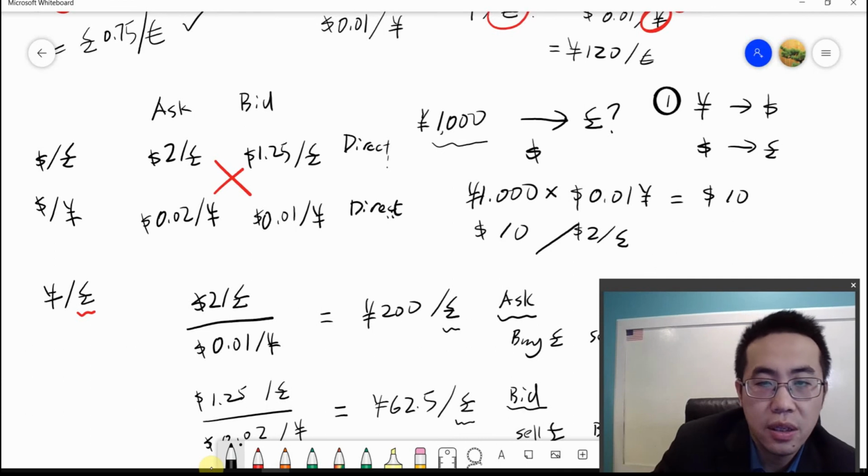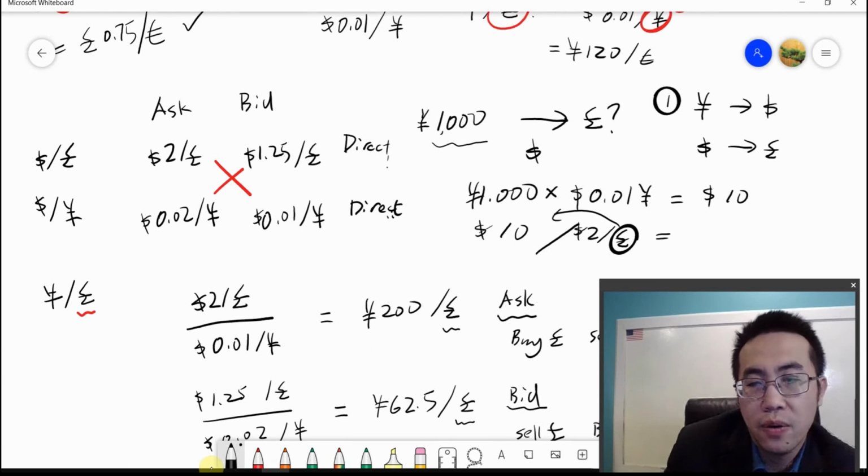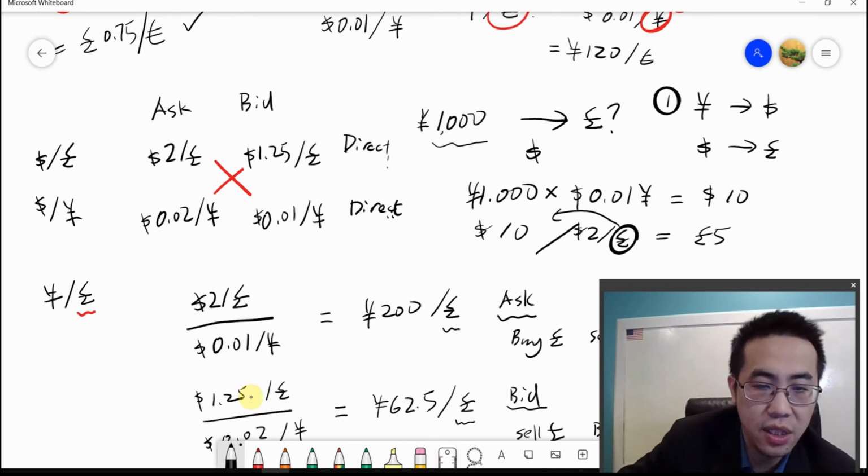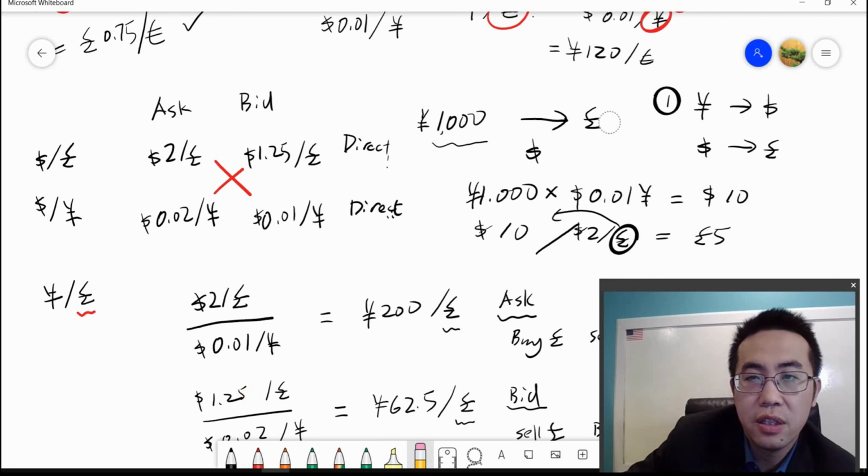Okay, so in this calculation, dollar gets canceled, pound sign flips to the top. So that's going to give you 5 pounds. Alrighty, so it's going to be £5 you receive from 1,000 Japanese yen.